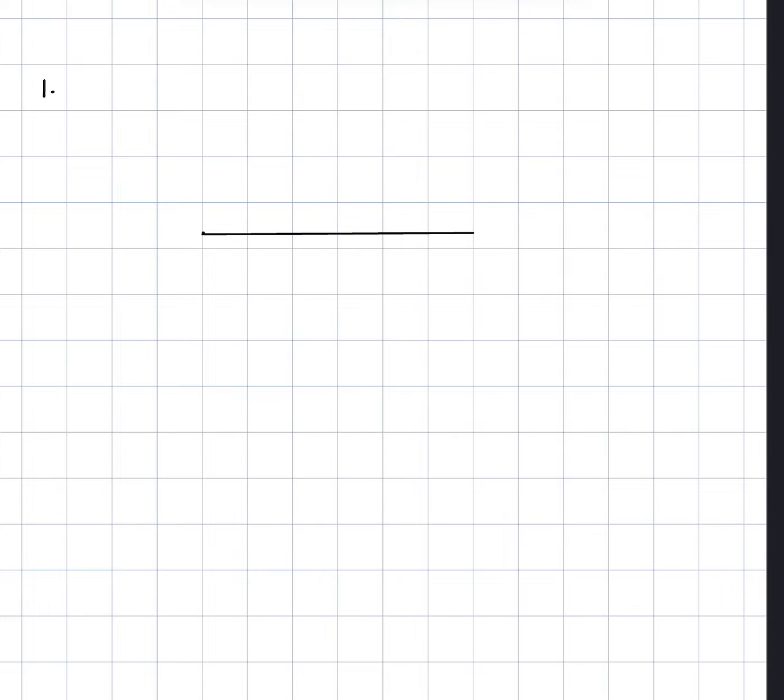Call this angle y. This one is 65 degrees, this one is x, and that one is 130 degrees. I'm looking forward to having you in the comment section indicating the value of x and the value of y.